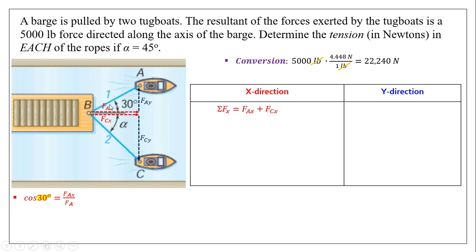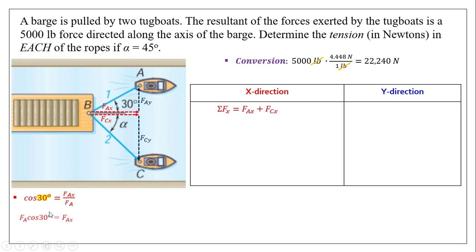According to this particular top triangle, if you can watch my cursor, this is going to the right, up, and that makes a right triangle. The cosine of 30 degrees, by definition, is adjacent over hypotenuse. Here, your adjacent is FAX, and your hypotenuse, even though I didn't label it in the diagram, would just be FA, the force of tugboat A. So there's my geometry.